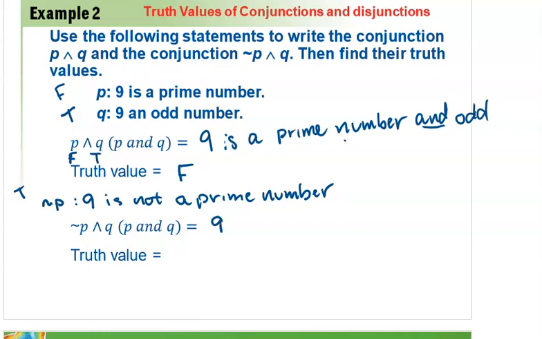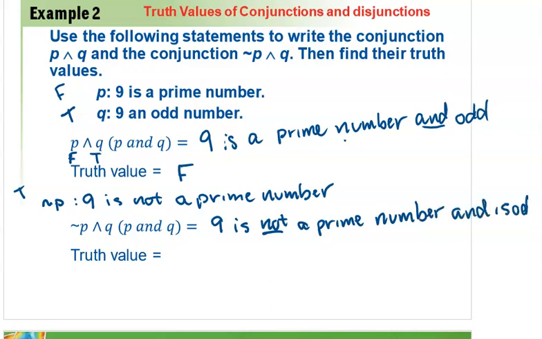It's 9 is not a prime number and is odd. So that's true for both of those, true and true. Therefore, the truth value, since this is a conjunction with the and, is true because both of them have to be true.